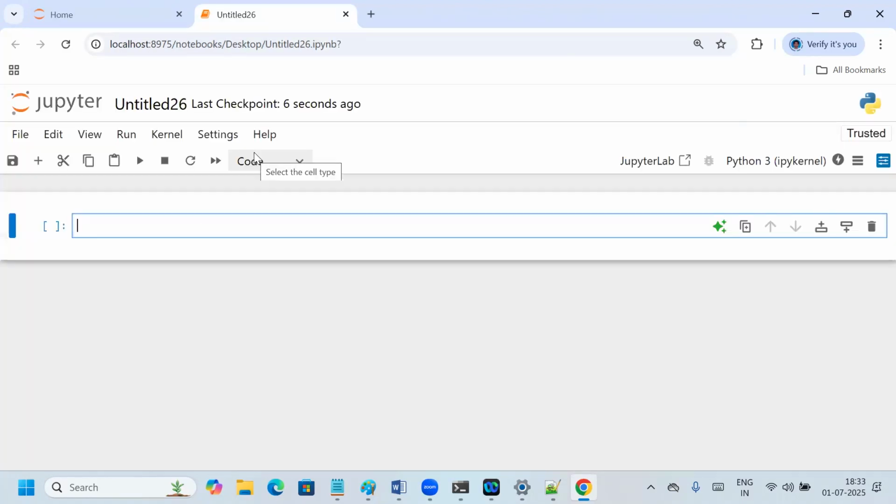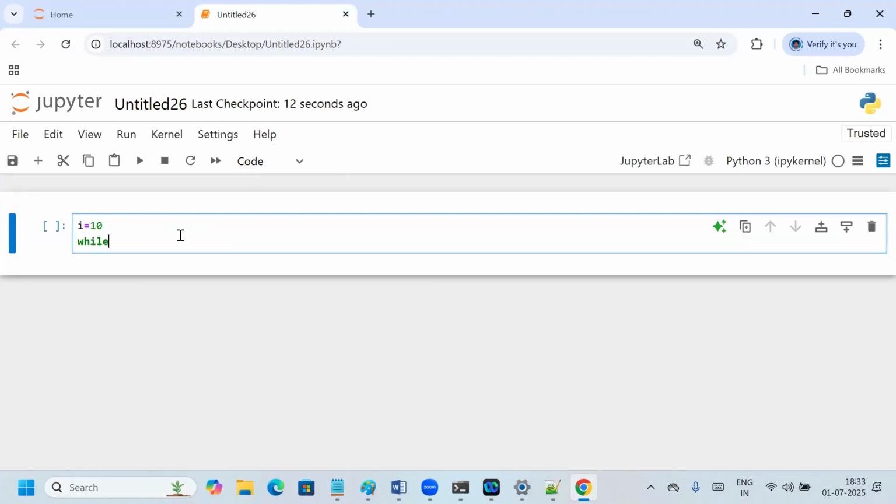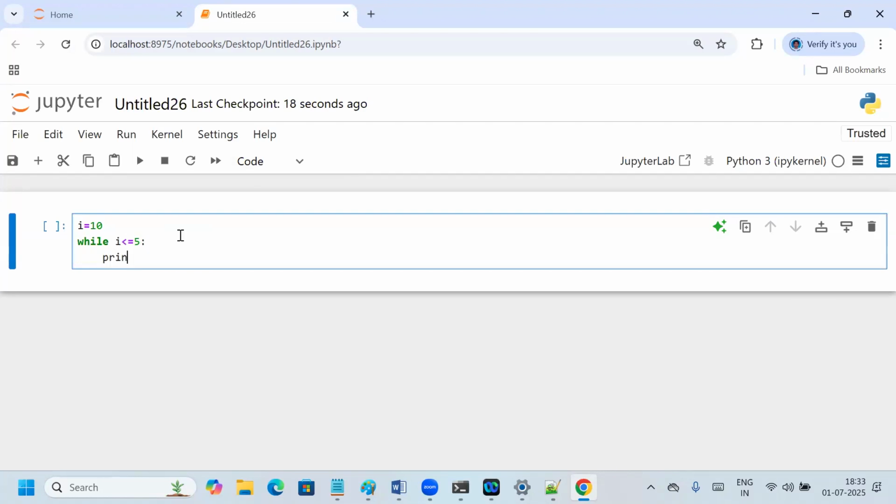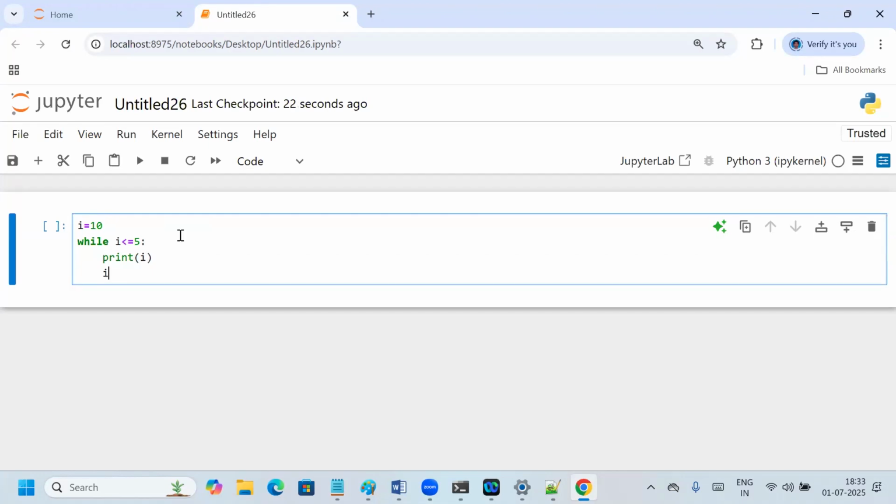See here, I'm taking i equals 10, correct? Whenever I write while i is less than or equal to 5, print i, I didn't get any output, guys. Why?